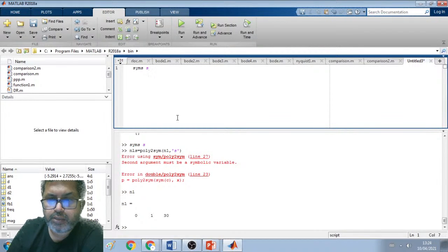syms s. NLS equal to poly to symbolic n1 comma s.